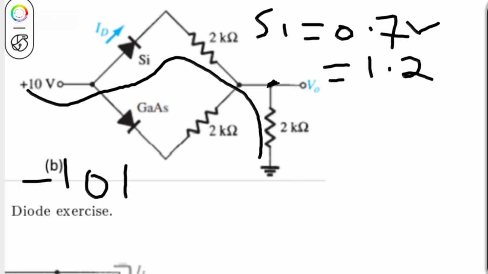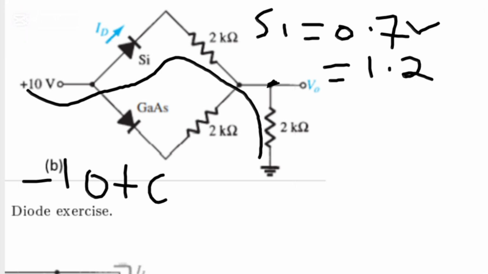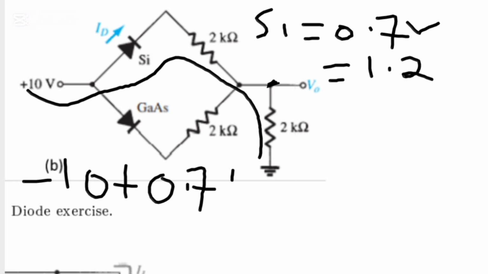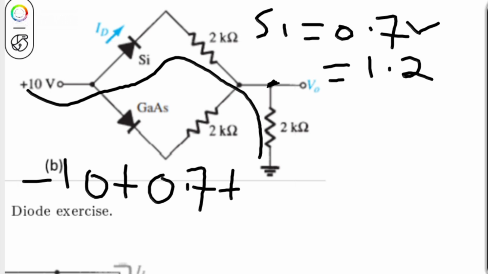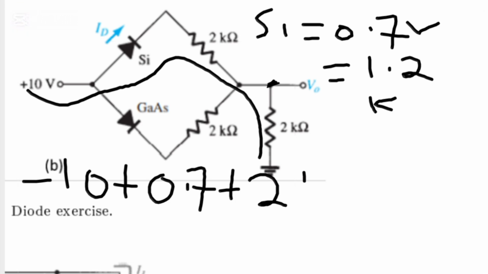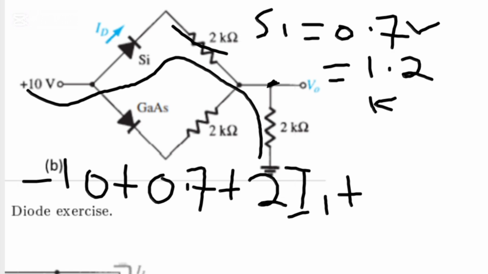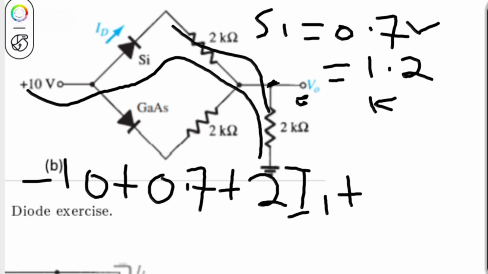So I have to say plus the value of the diode, which is 0.7, and plus the 2 kilo ohm. I have to put the kilo aside, but I will use it. So I have to say 2I1, because I'm dealing with the first upper loop. Then plus, if I come down here, I will have 2 kilo ohm, but at this point I said I have I1 plus I2.